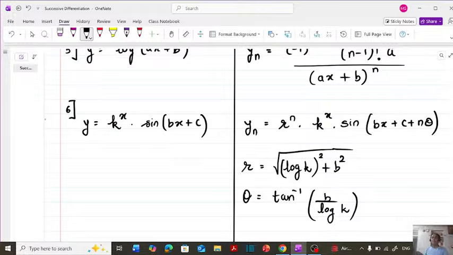Alright. Now, see, there is a special version of the same formula. K is going to be some positive number. K will be some number over here.